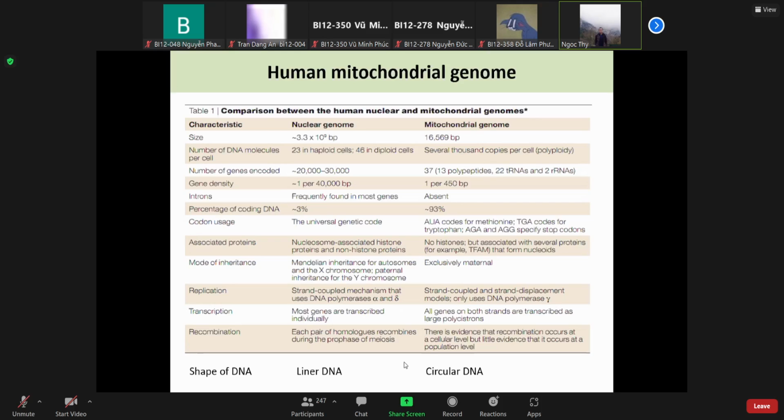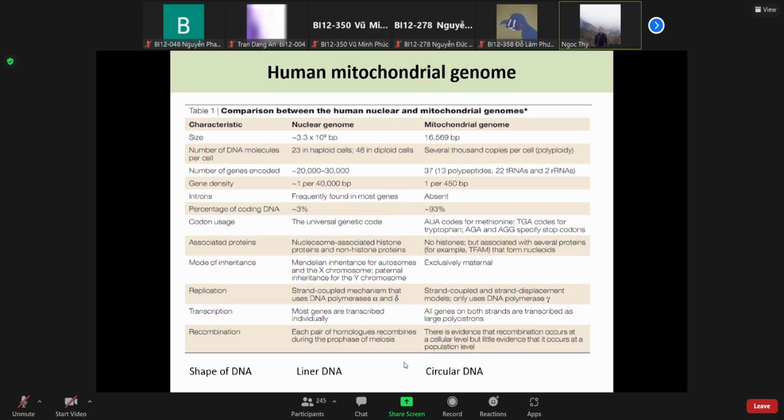The gene size of the nuclear genome is quite large, since it also includes the introns, which take a large proportion but do not code for protein. Meanwhile, in the mitochondrial genome, most of it codes for protein, and the average size of one gene is only around 450 base pairs. Introns are frequently found in the nuclear genome and take a large proportion of it.